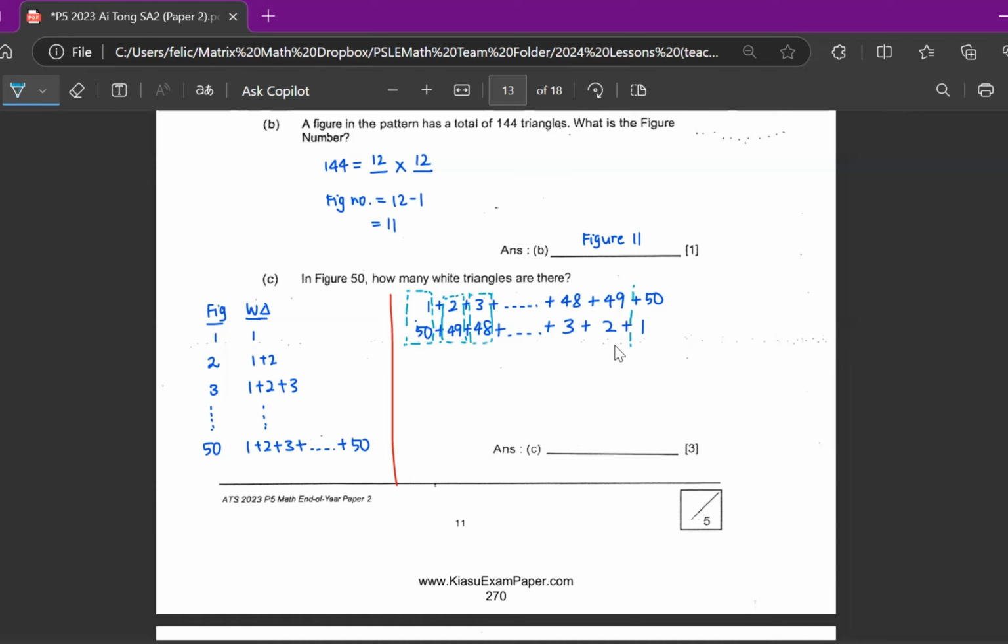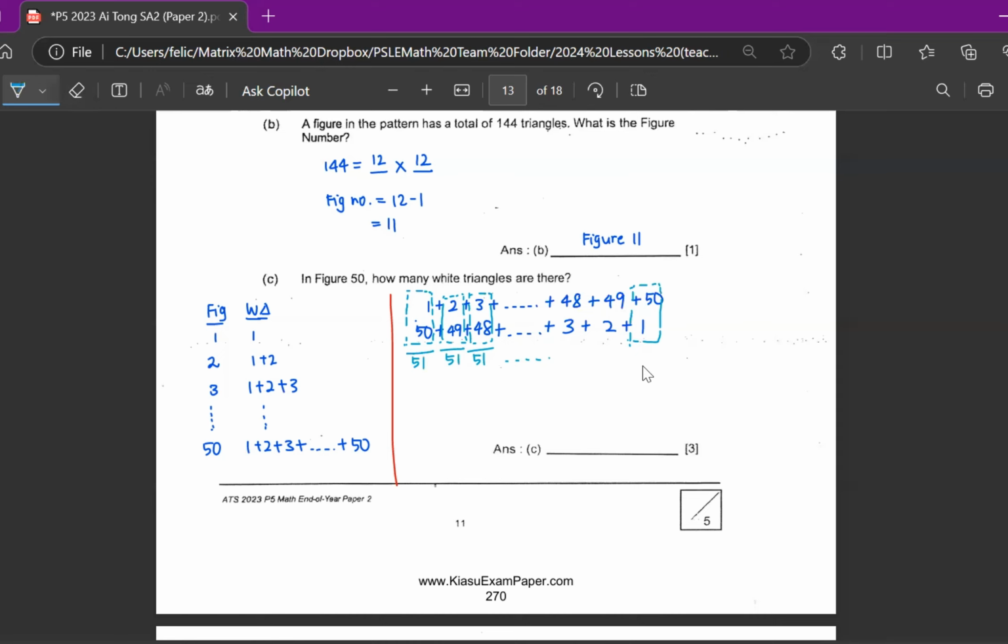They always give you the same sum. 50 and 1 is 51. 49 and 2 added together is also 51. 48 and 3 added together is also 51. So notice it's always 51 throughout.